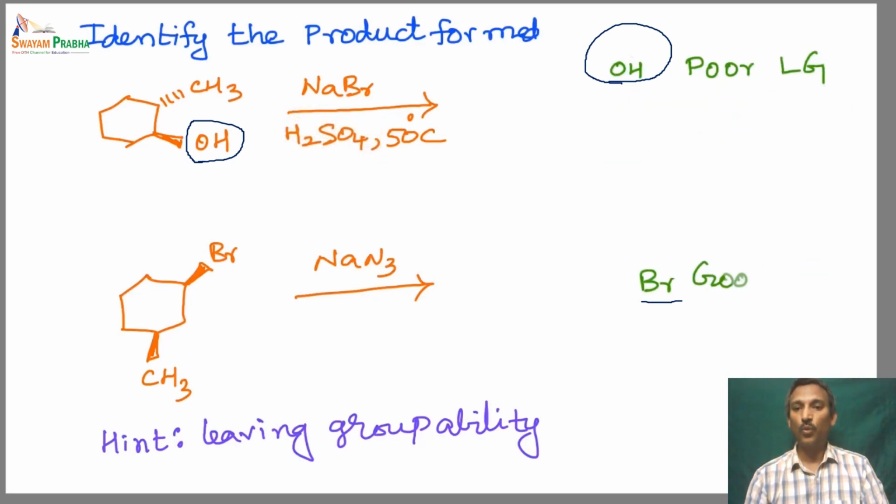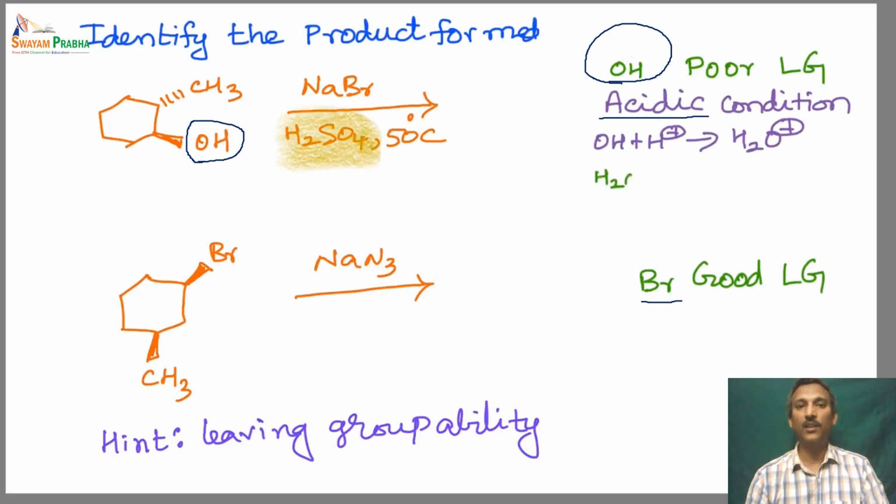Now, there is one particular important piece of information given here, which is the acidic condition. So under acidic conditions, what can happen? The protonation of this particular hydroxyl is possible. That is what is written here: OH plus H+ gives H2O+. Compared to OH minus, which is a poor leaving group, the H2O+ is a very good leaving group.